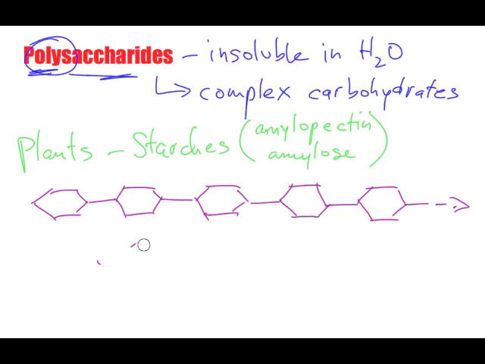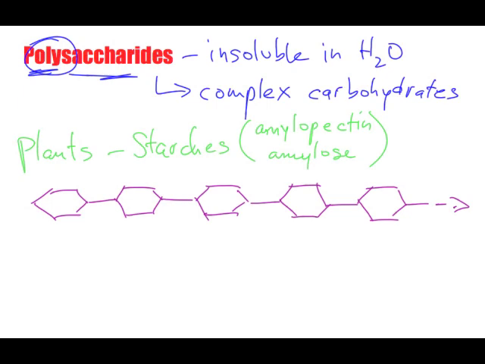Here we have our simplified diagram of a polysaccharide, and both amylopectin and amylose are a long chain of monosaccharides, glucose molecules that form a big long chain.